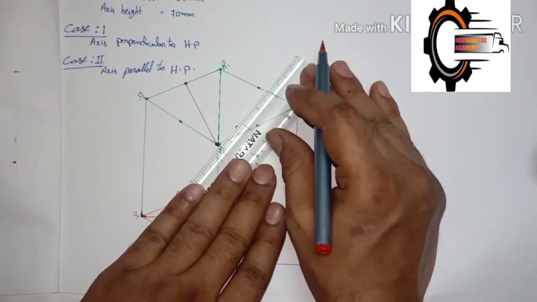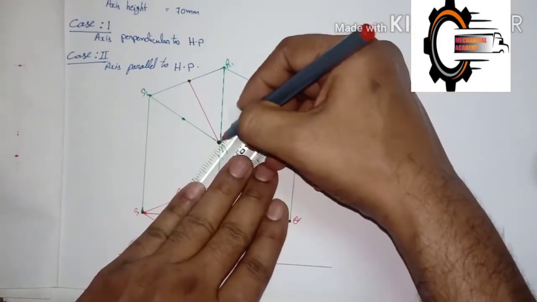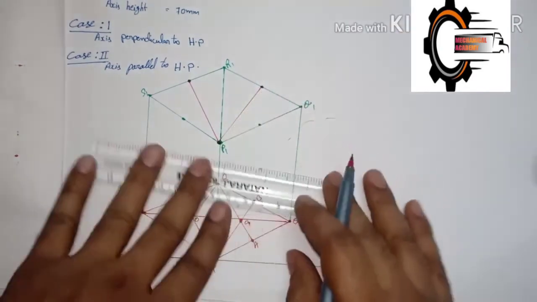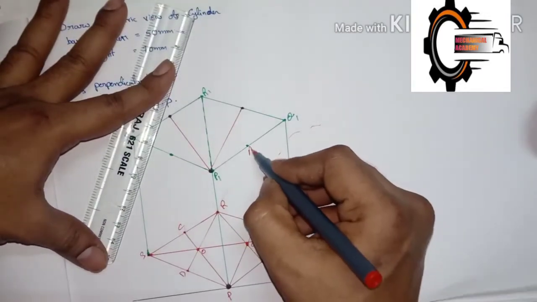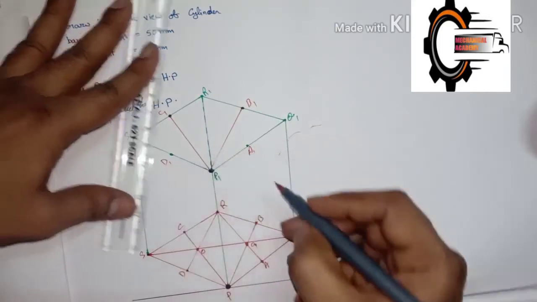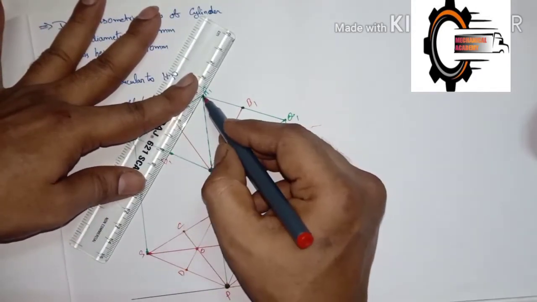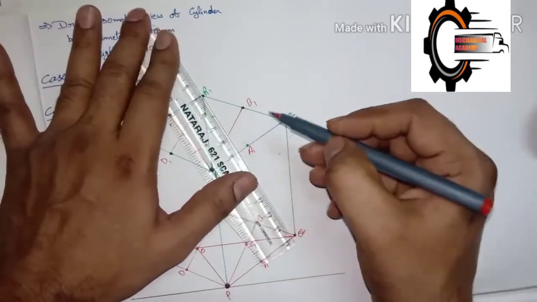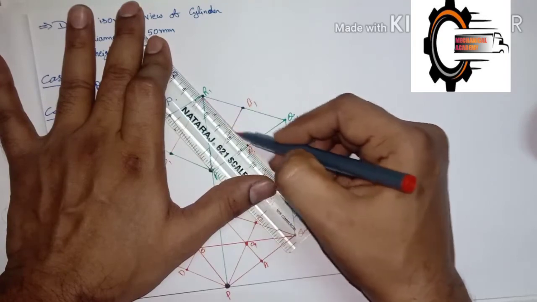Similarly from the point P join another midpoint like this. Similarly from the R1 we also give A1, B1, C1 and D1. From the R I have drawn a line to the D1. Similarly from the R I have drawn a line to the A1.